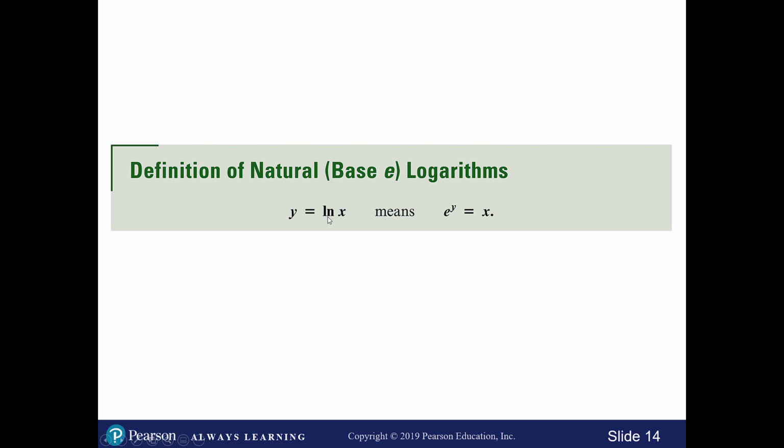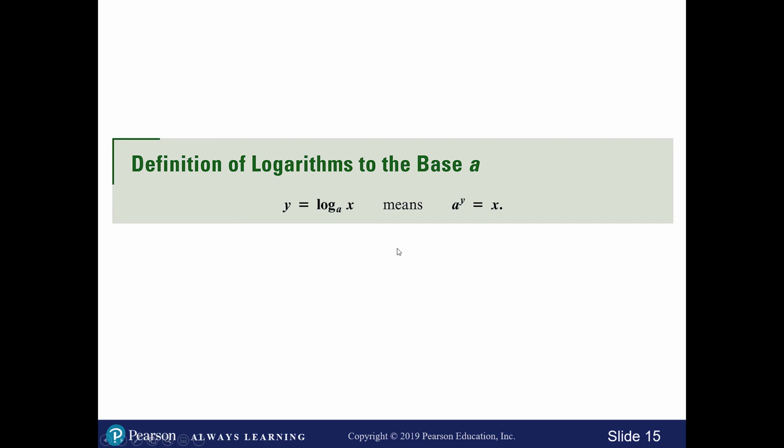But ln then is base e. So you can have different bases, and they don't have to be just base 10. If the number's not there, it's understood to be base 10, or you can have base e, but there are certain different bases for logarithms.